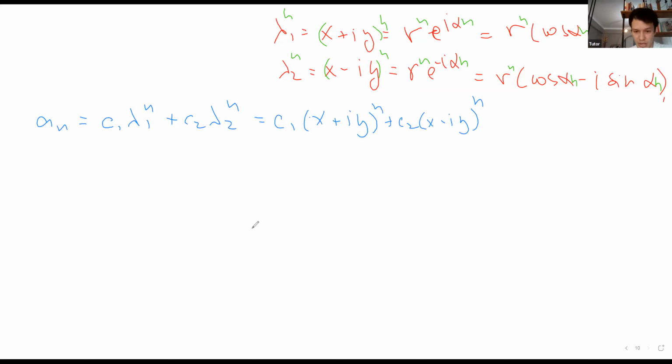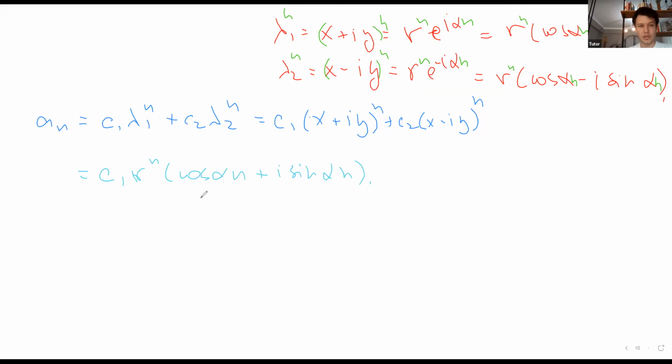So instead of using this one, I can rewrite this as C1, and then for lambda 1 to the power n, I'm just going to use this formula here: r to the power n, times cosine of alpha n plus i sine of alpha n.